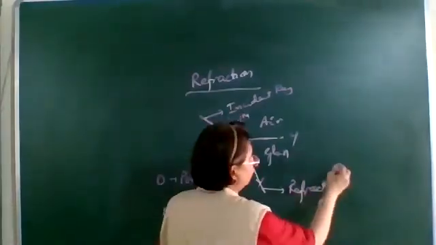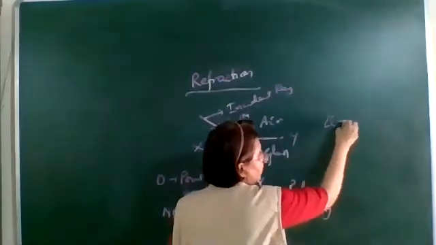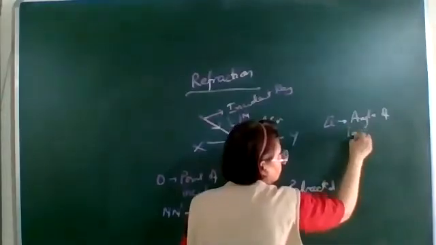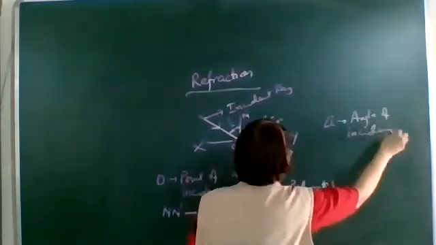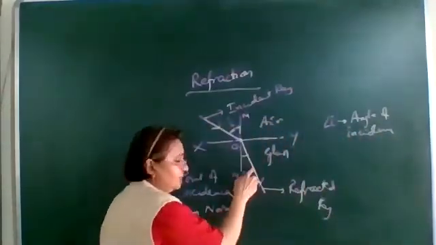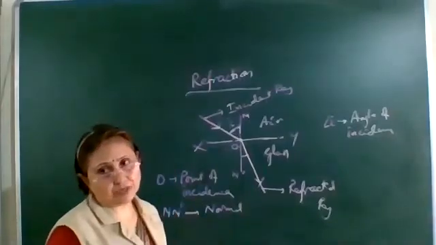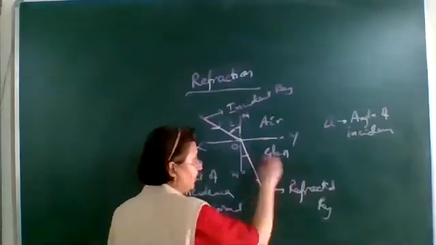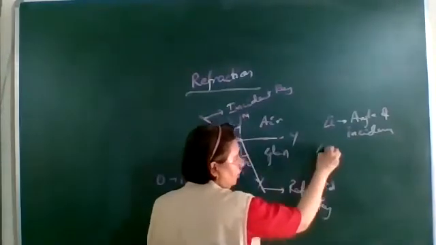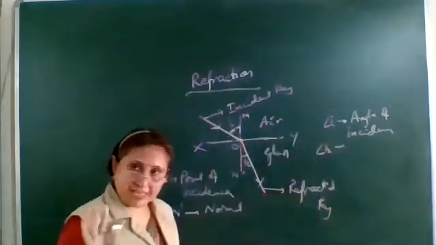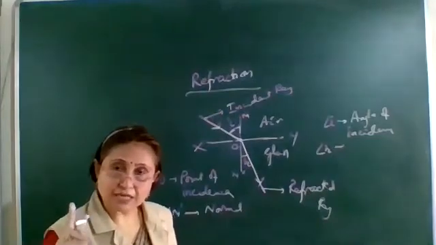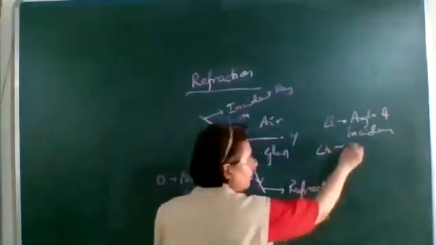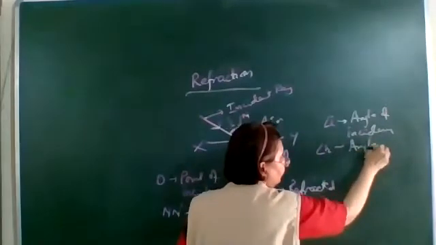So angle I is the angle of incidence. Here, between the refracted ray and the normal, this angle we call the angle of refraction. Okay. Now reflection is completed, now we are coming to refraction. So this angle R is called the angle of refraction.